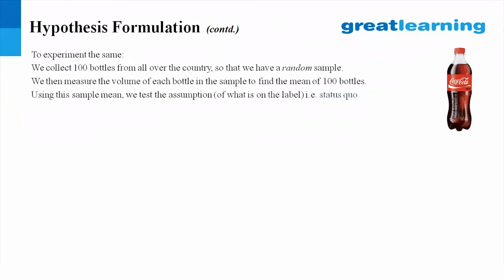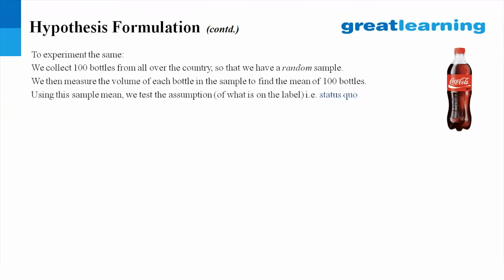Now when I take the 100 bottles and I measure the quantity that is there in these bottles, I take the mean. So say the first bottle has 600 ml, the second one has 602 ml, the third one has 599 ml, and so on. So I take the mean of all that, and then we test the quantity that we have measured against the assumption.